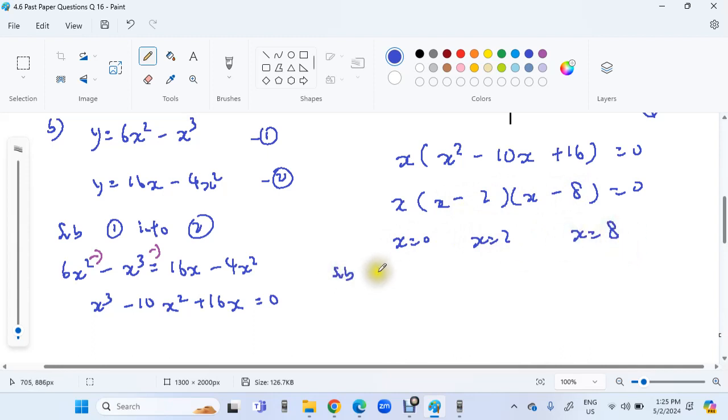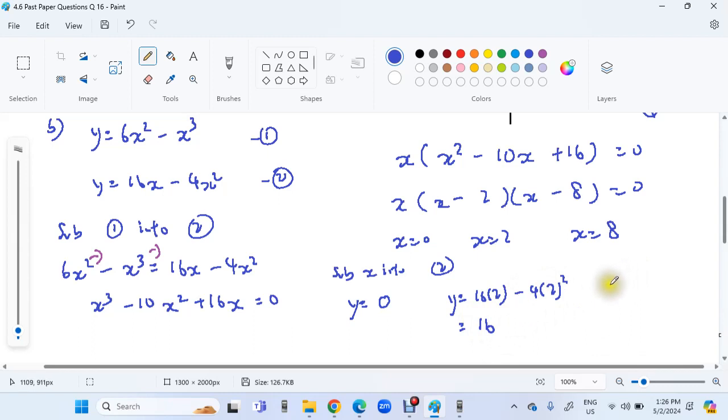We can substitute x into equation number 2, which will be easier. So y will be 16 times 0 minus 0, so it's 0. When x equal to 2, y is 16 times 2 minus 4 times 2 squared, so 32 minus 16 is 16.